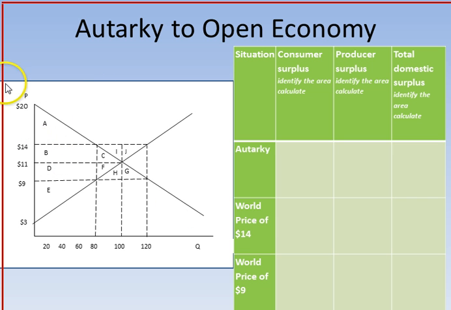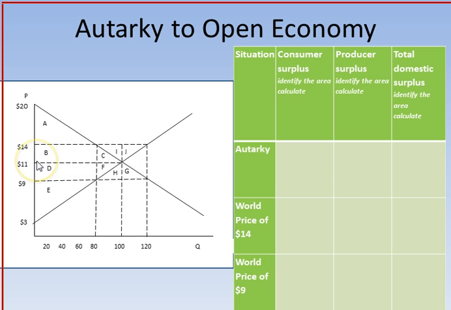So here, in order to determine my surplus without trade, I identify that my consumer surplus is the areas A, B, C, my producer surplus is the areas D, E, F, and I go ahead and calculate the areas of the triangles. For the triangles, that will be the height times the base times 1/2.